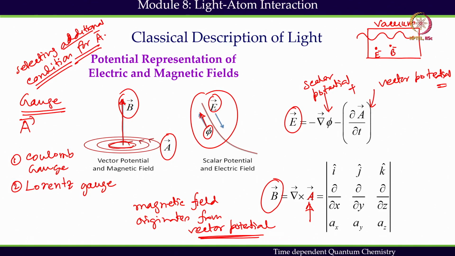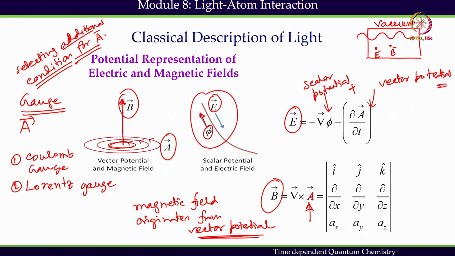Therefore, selecting a suitable gauge for a given problem of light matter interaction or light atom interaction is mostly our discretion. It is our freedom to decide what should be selected for a particular situation. If a particular gauge or additional defining condition helps me get a simplified mathematical derivation, we should follow that.